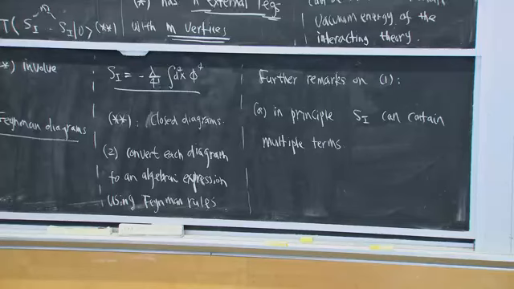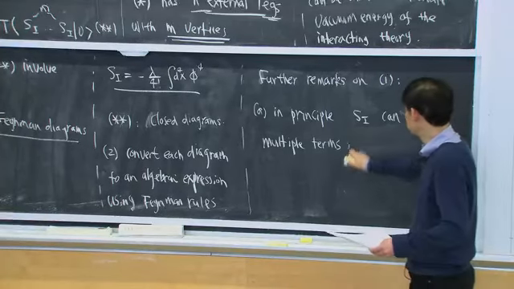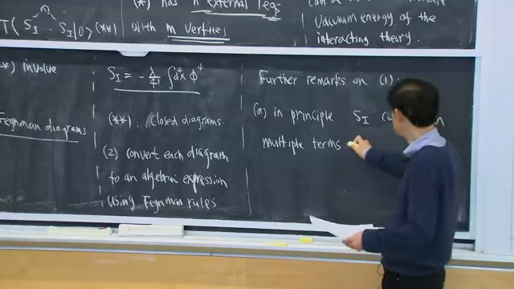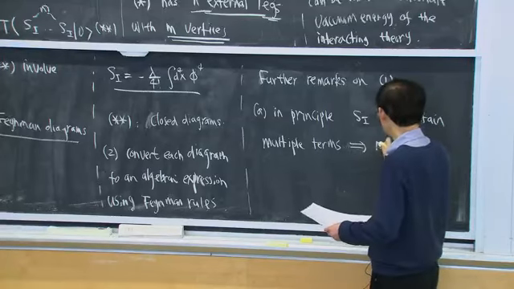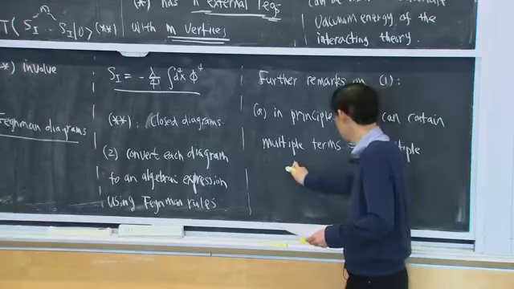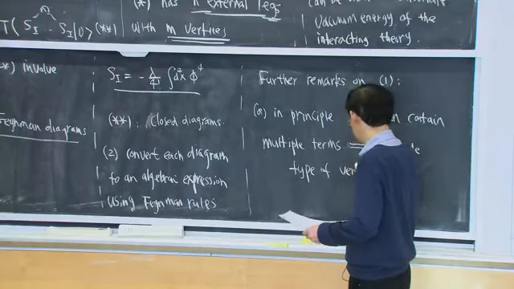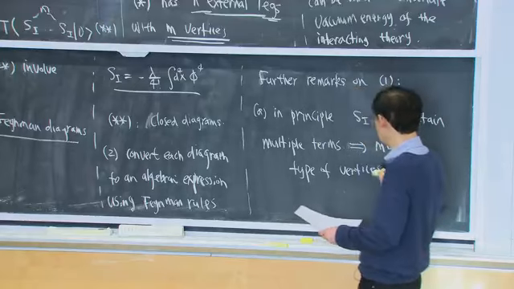If it contains multiple terms, then you will have multiple types of vertices, but the rule is similar.